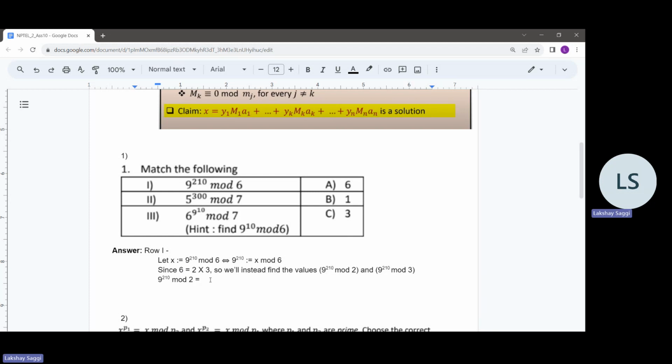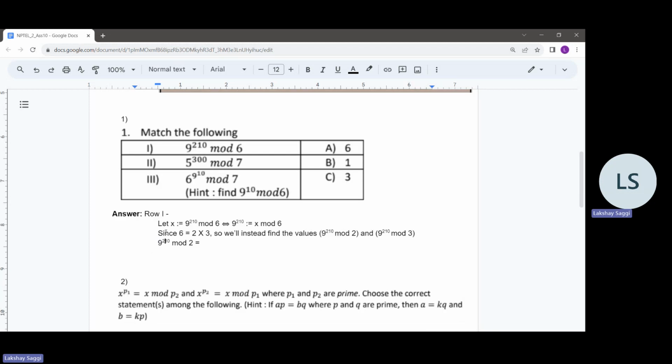Or maybe we can just say that, we know that when 9 is divided by 2, it leaves a remainder of 1, right?